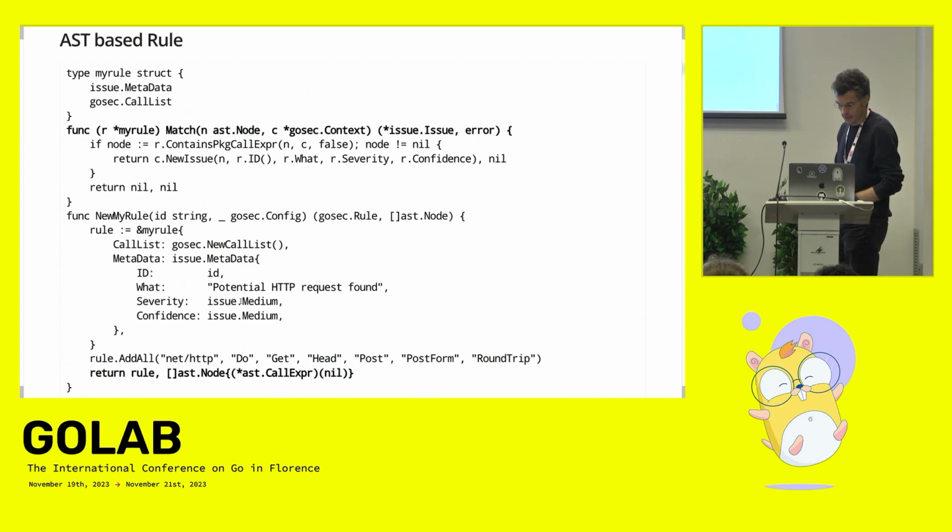In AST, the compiler translates a call into this call expression. So in this situation, we want to match all call expressions for these calls. And then this match method gets called for every call expression in the AST graph. And then here we can implement our logic. In this case, we just check that we have a call in this list, and then we issue a security finding.